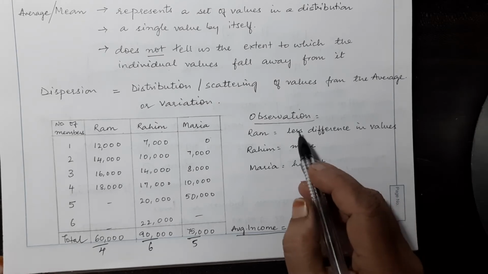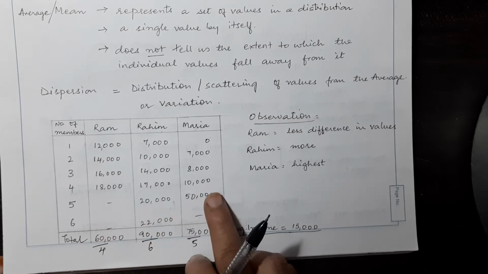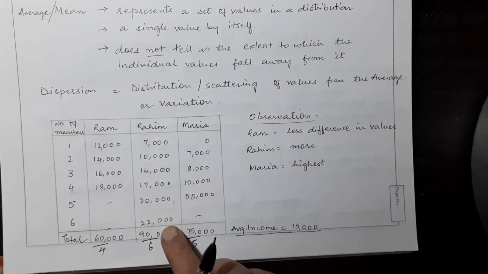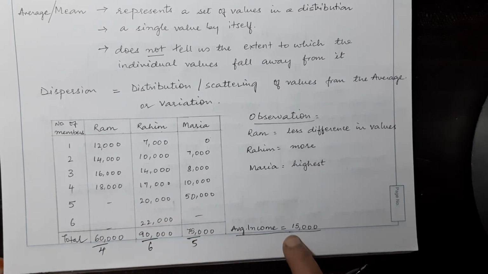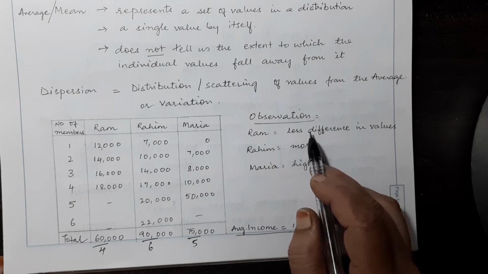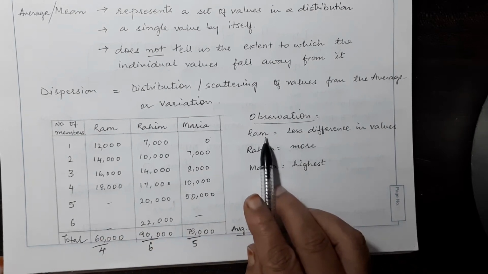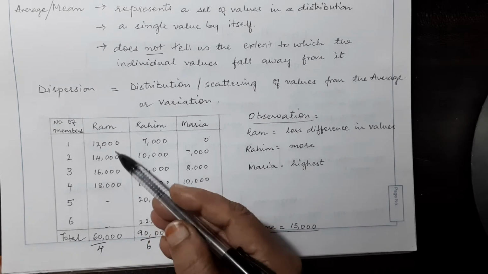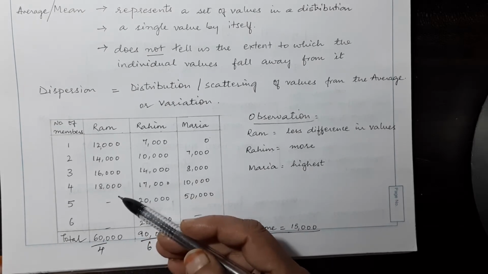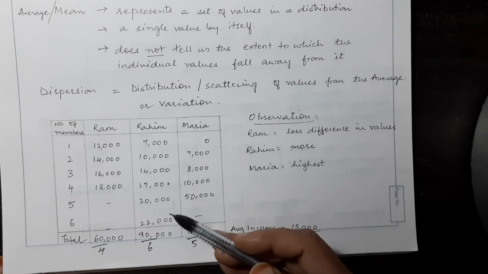Now what is the observation that we made? Though there are 4 members or 5 members or 6 members in the family, the average income in all the three families happens to be 15,000 rupees. With the help of this data, in Ram's family there is less difference in the values, whereas in Rahim's family there is slightly more difference.